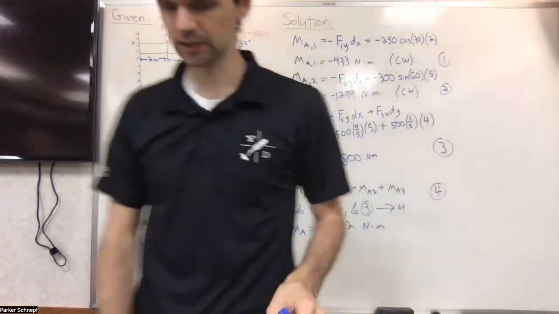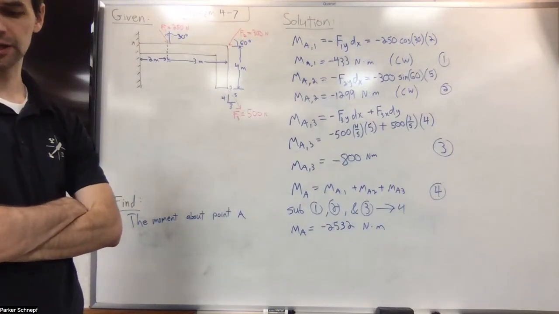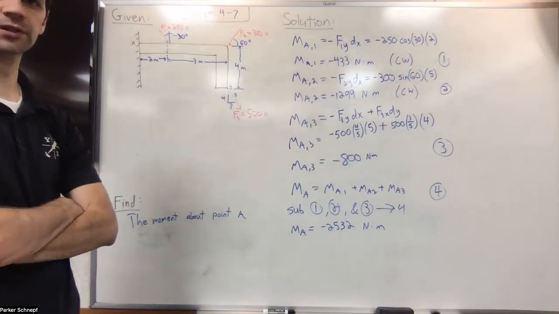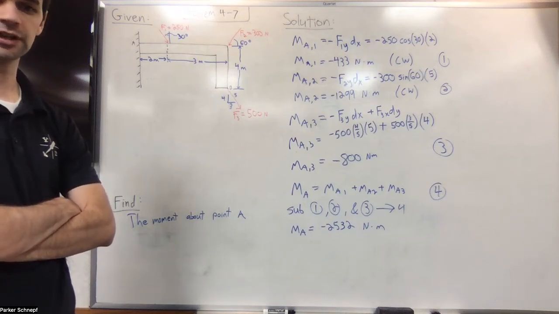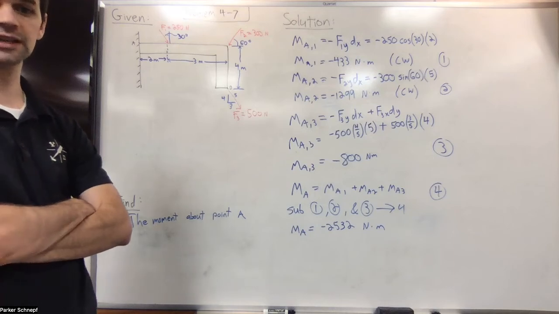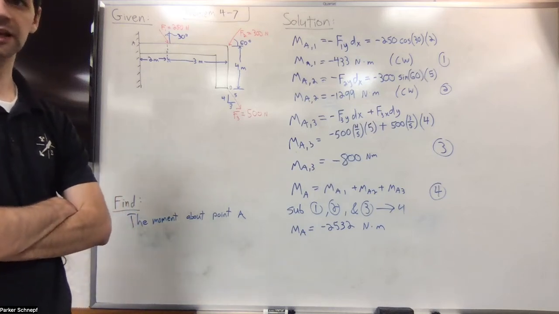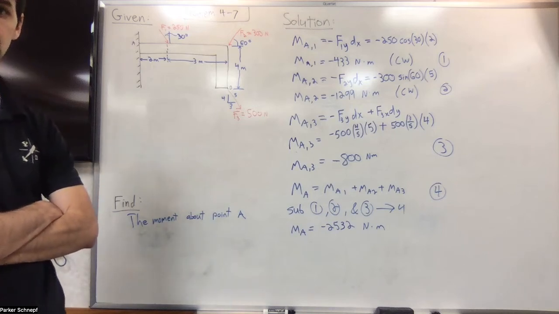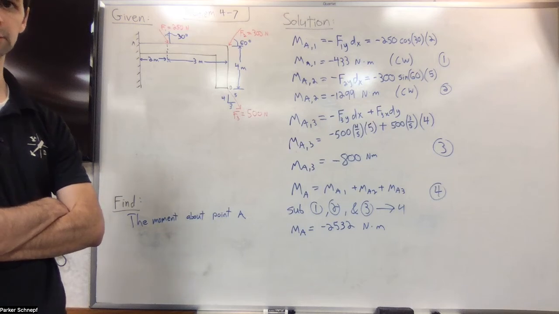So once again, in 2D problems dealing with moments, you can just use this force times distance equation. If you're looking at the X component of the force, you have to multiply it by the X distance from the point that you're rotating about. And if you're taking the Y component of the force, you multiply it by the Y distance from the point you're rotating about.